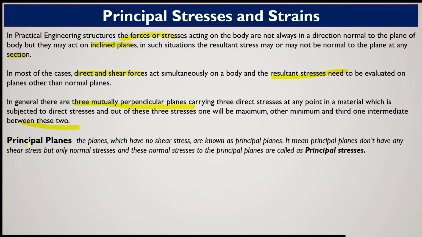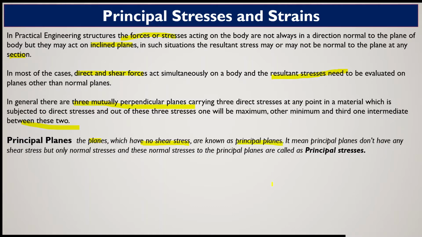Now what is a principal plane? The planes which have no shear stress. That means if you locate some particular planes in the body where no shear stresses are acting, they are known as principal planes.